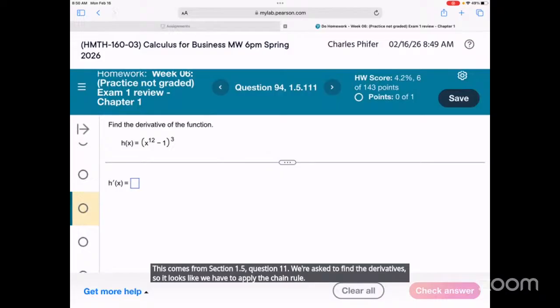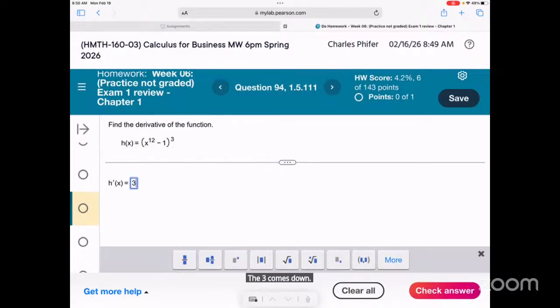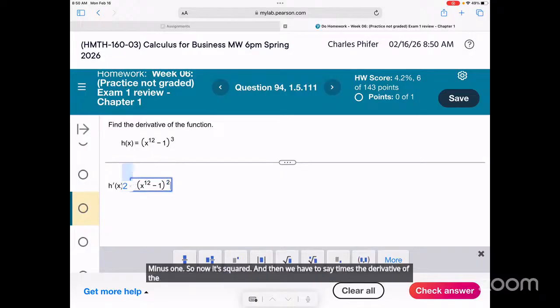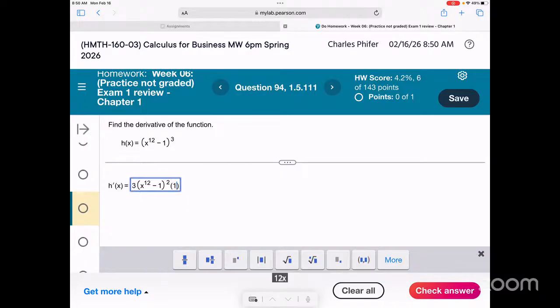The 3 comes down. x to the power 12 minus 1, so now it's squared. And then we have to say times the derivative of the inside function, 12x to the power of 11.